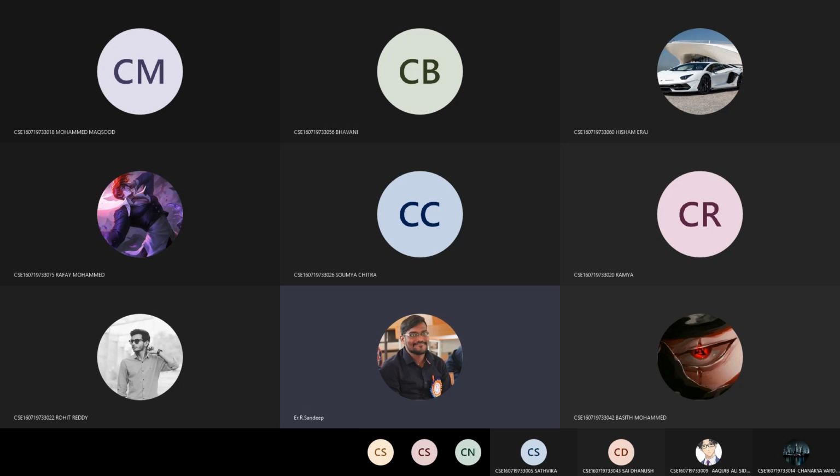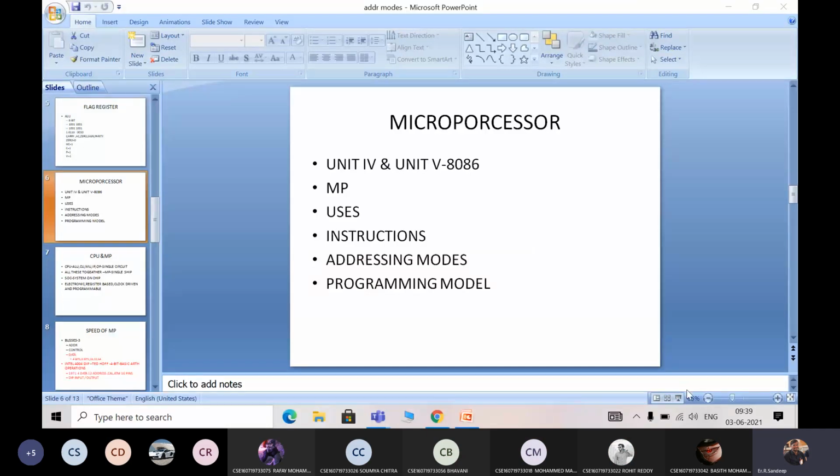In my last class, I explained the microprocessor and the central processing unit, and I concluded that class with the features of the 8086 microprocessor. Okay, fine. So we'll revise one more time in today's class. So this was the last concept I explained.